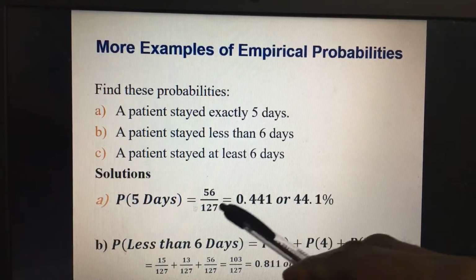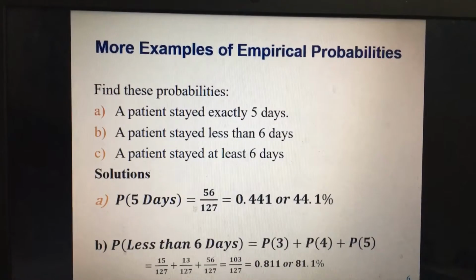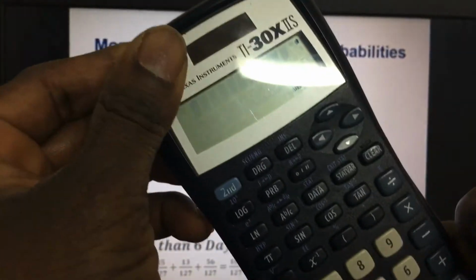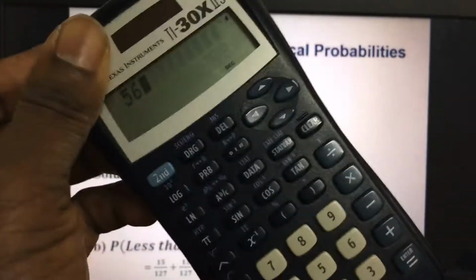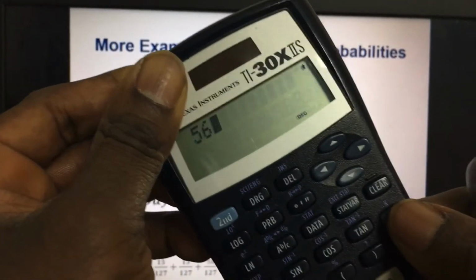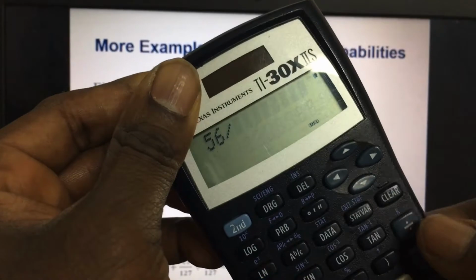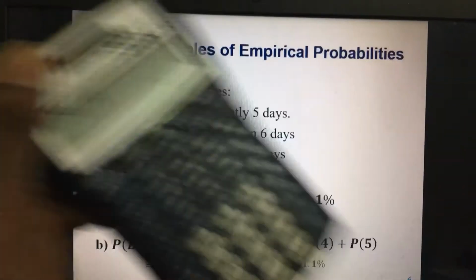Now, when you plug this in the calculator, which I can also show you here, I have 56 divided by 127, which is this one here.